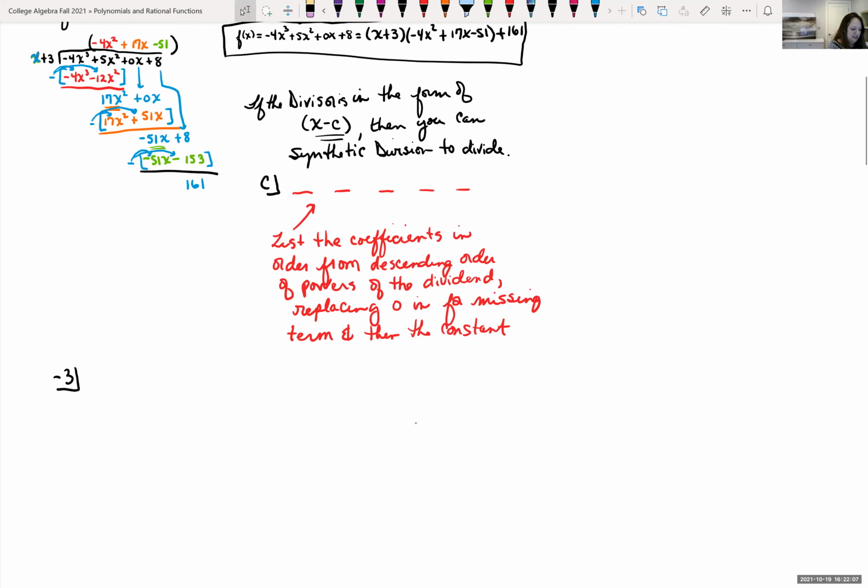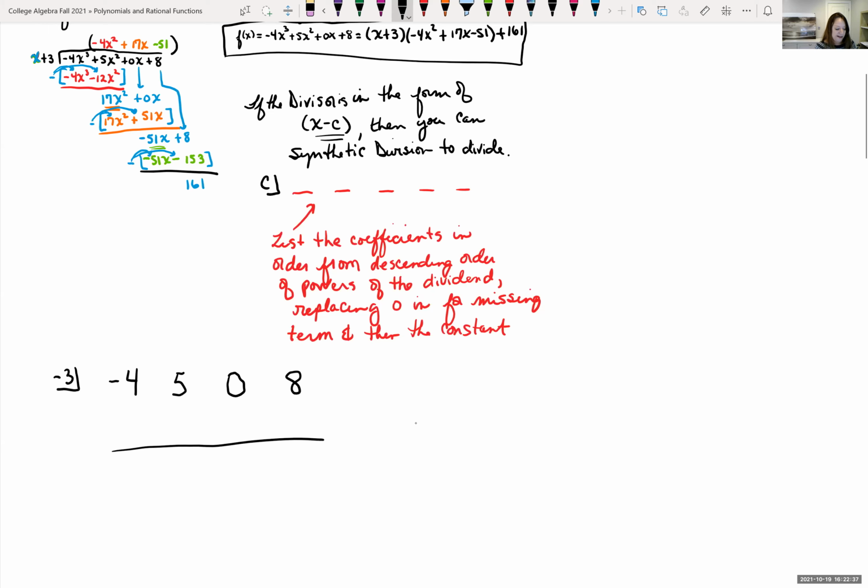And our coefficient for f of x, that is -4. Let's leave a little bit of space in between each one. We have a 5 in front of the x squared. There's a 0 in front of the x, and then our constant 8.